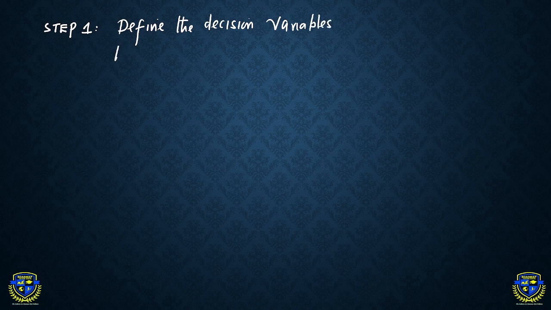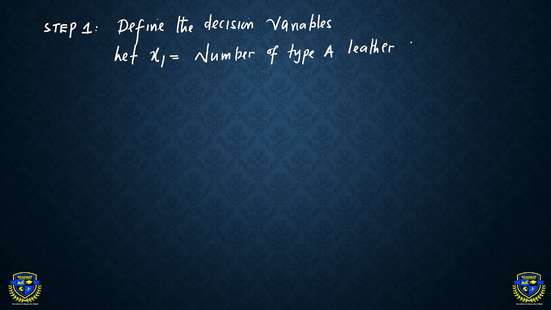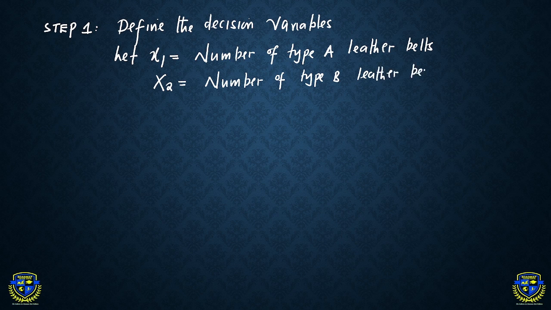Let x sub 1 be equal to the number of type A leather belts, x sub 2, that's the number of type B leather belts, and x sub 3, that's the number of type C leather belts.